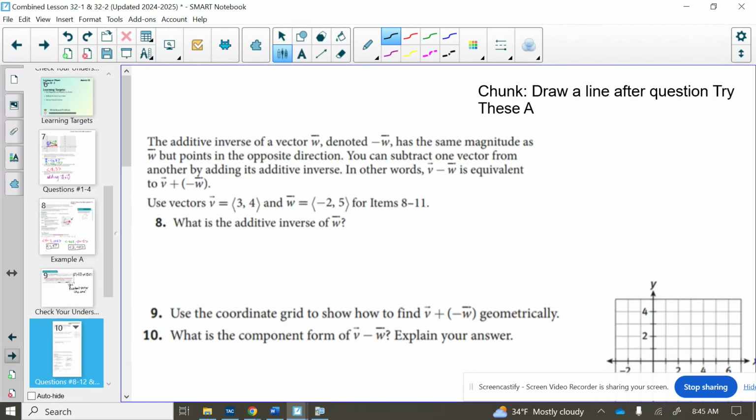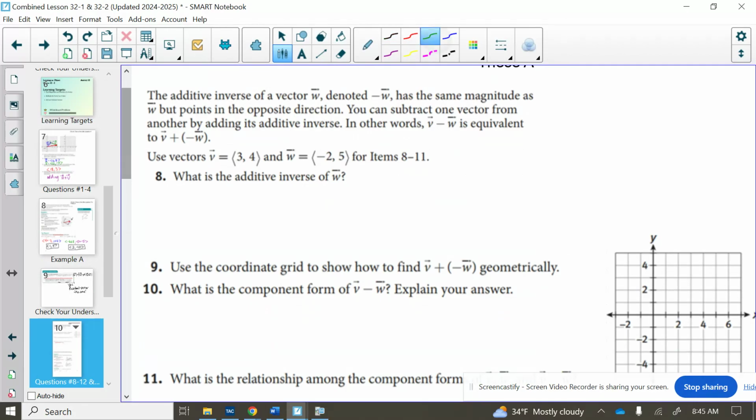All right, now our next operation that we are going to talk about is the additive inverse, aka if you negate your original vector. In this case, they were talking about vector w. So with the additive inverse, you are negating, flipping the signs of your original.